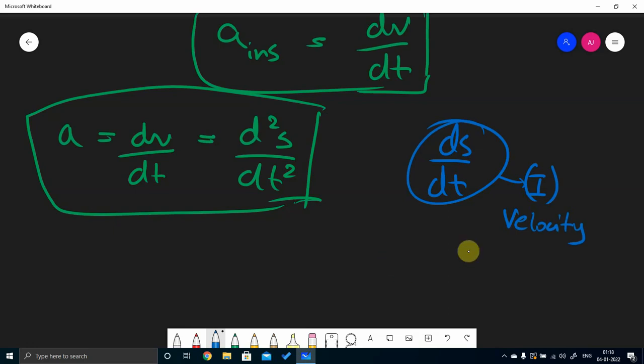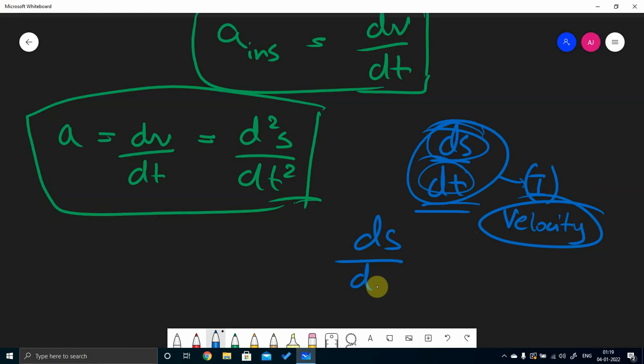The first differential of displacement with respect to time gives us velocity, and we know that acceleration is basically the differentiation of velocity with respect to time. So we differentiate ds by dt with respect to dt again. Do you understand what I did over here?